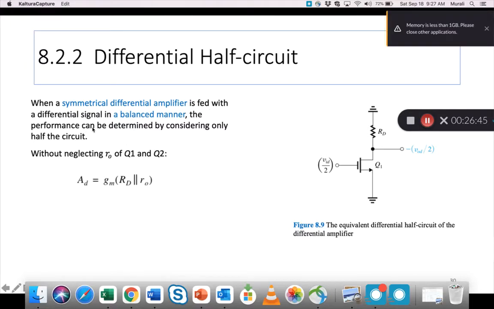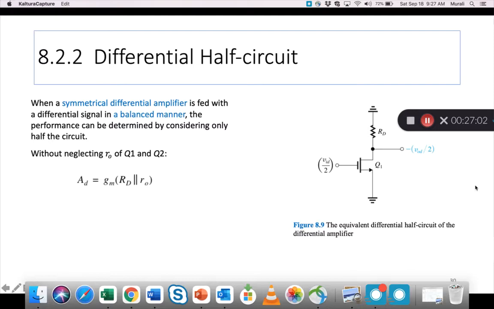Also, it is fed with a differential signal in a balanced manner. That means we have VID by 2 here, and the other half, VID by 2, goes to the other gate of Q2. If that is the situation, then the analysis can be done by looking at only one half.